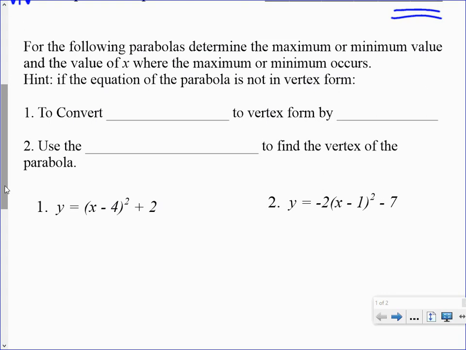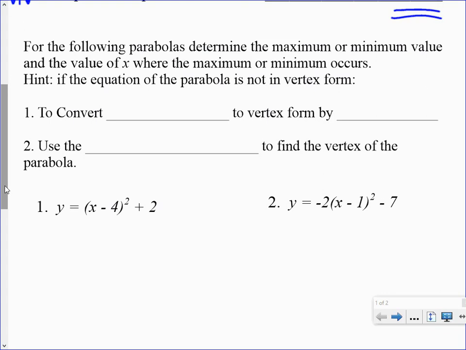For the following parabolas, we're going to determine the max and min value and the x value where the maximum or minimum occurs, and we're going to use the vertex form. If it's not in vertex form, sometimes we actually have to convert.